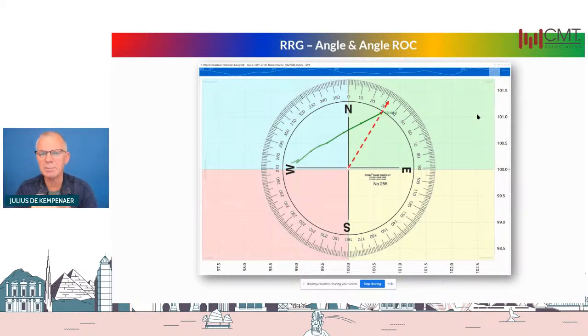So here we have an RRG angle of a little bit over 30 degrees. Now, if we take the previous observation, so that's the previous node on that tail, and draw a line through the center of the chart there, you can see that the angle there was about 15.